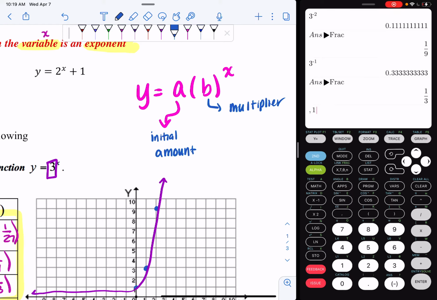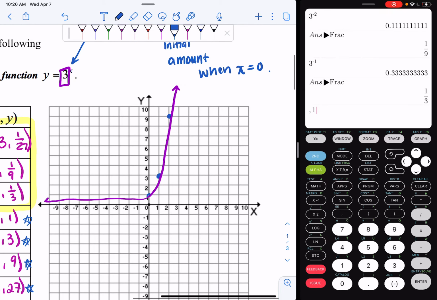So if I look, the 3 is my multiplier. Your initial amount occurs when x is equal to 0. So in this graph, my initial amount is 1, because when I plug in 0 for x, I get a 1.